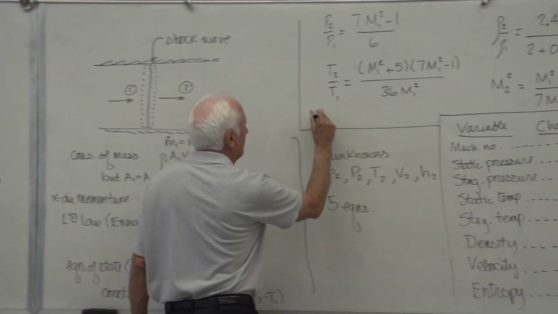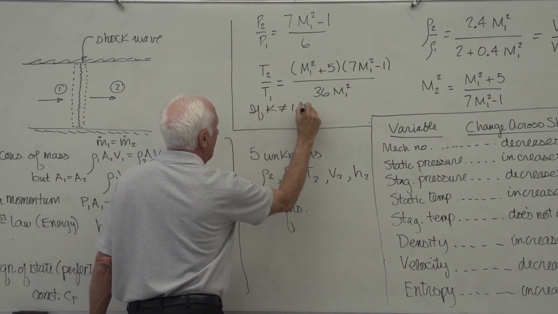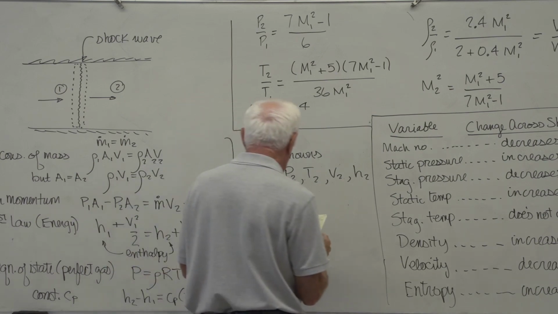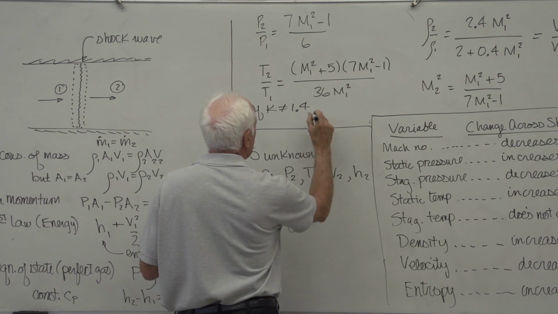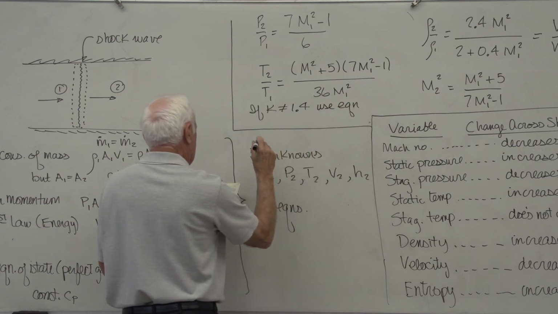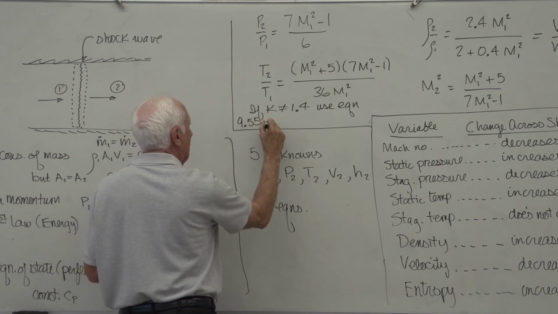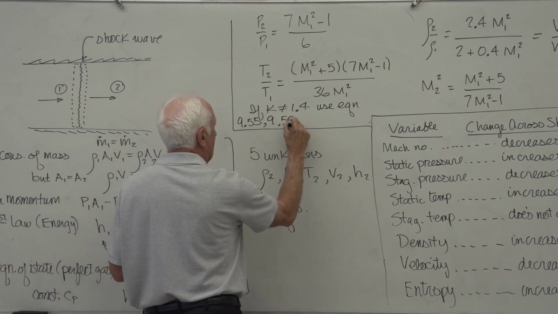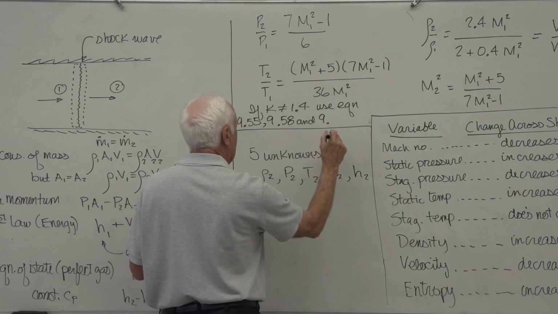If K is not 1.4, then we're going to use equations 9.55, 9.58, and 9.59.